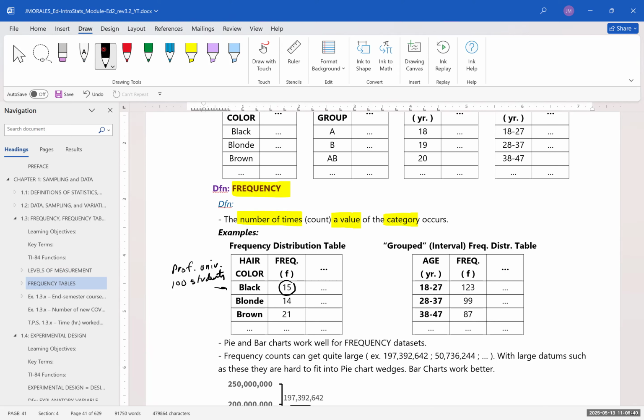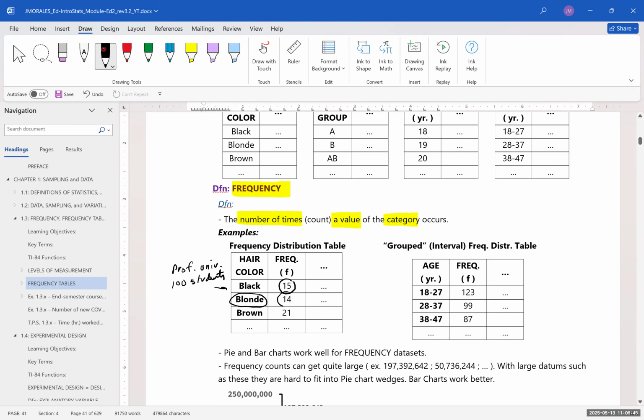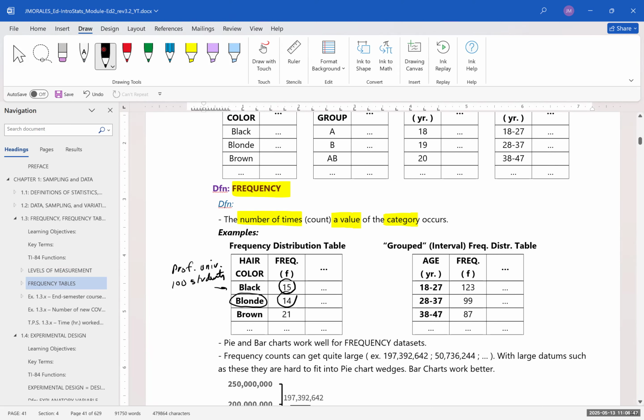Then if you counted the number of students that had blonde hair, that would be maybe 14. So that's a frequency of 14 for the blonde hair color. The frequency for brown hair color is 21. Okay, so you usually have a category column, such as hair color, followed by quantitative data, which would be frequency. And that column would be right next to it.